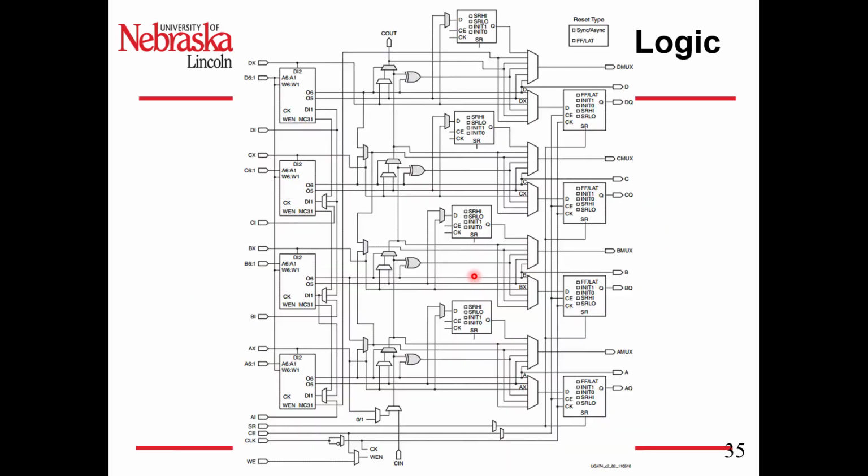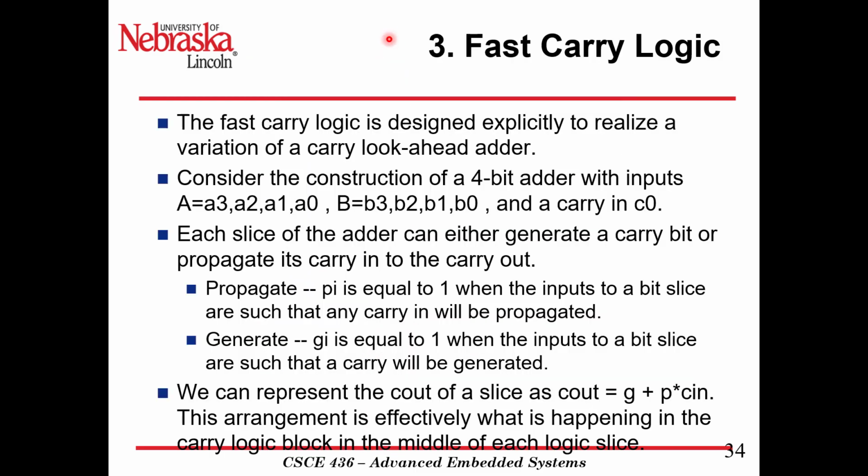Its carry in goes to the carry out. So we have carry in coming in for each slice at the bottom, lots of hardware in there for each of those bits, and lookup tables, and then we have a carry out going through to the top.